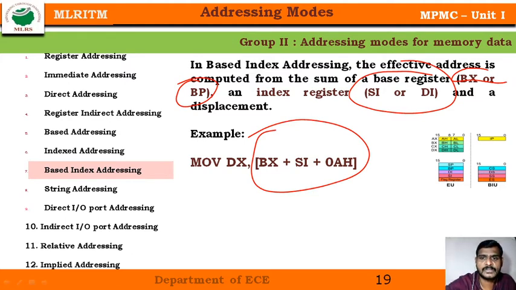You can write it like this also. If you want to use a displacement, you can; if not, it depends upon the programmer how he wants to collect the data from memory, with or without displacement.